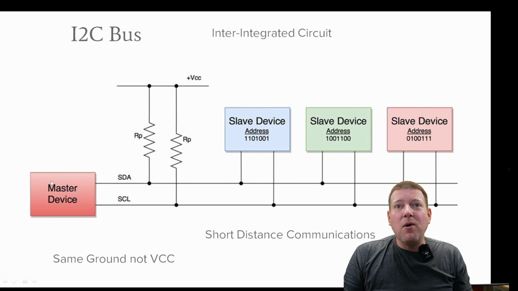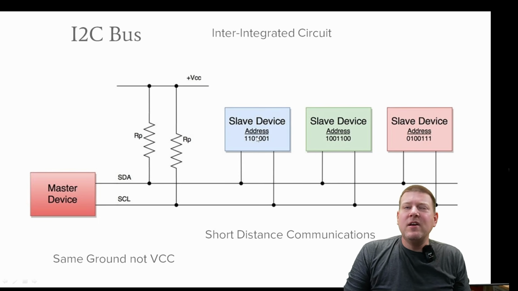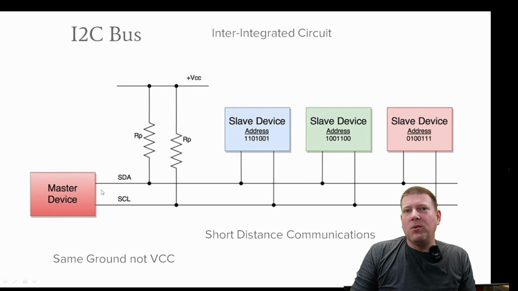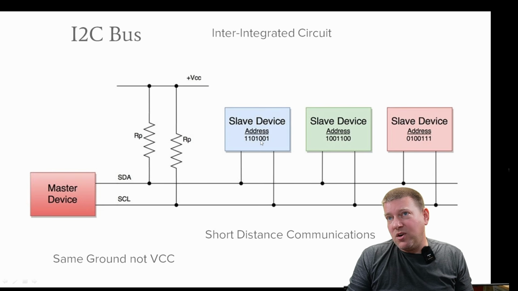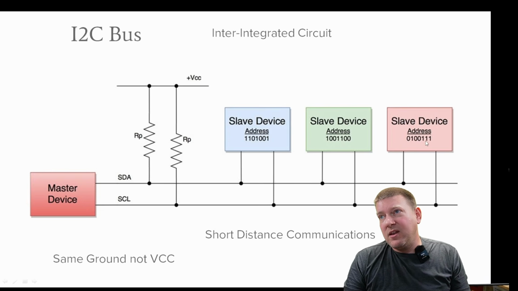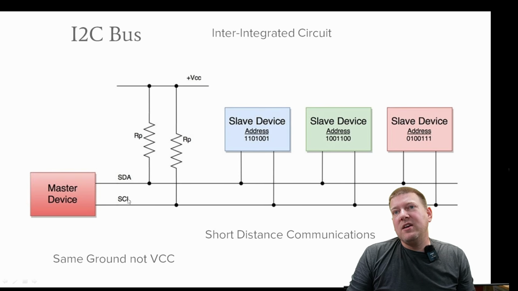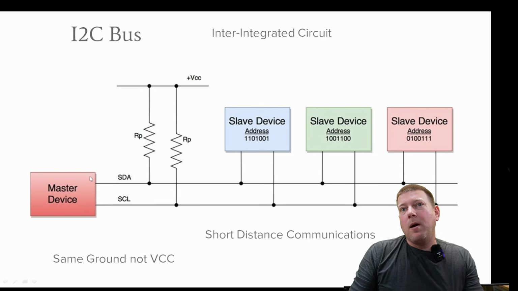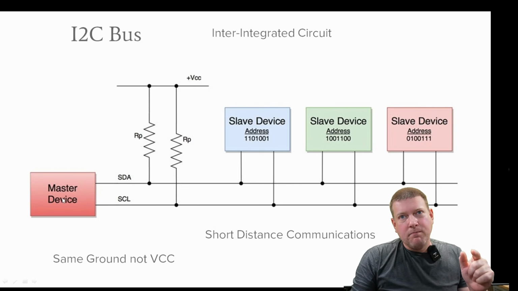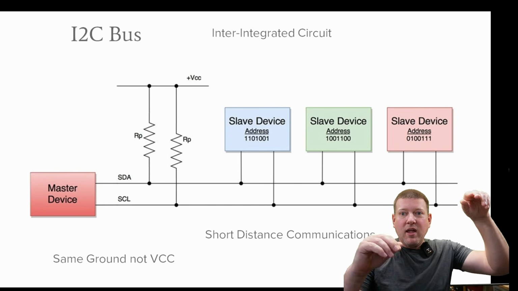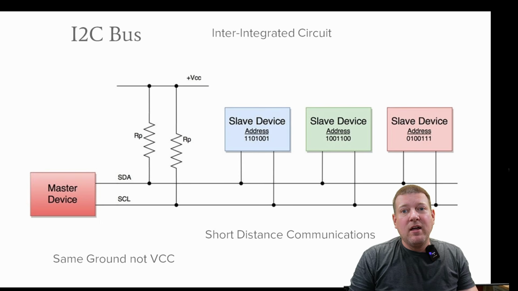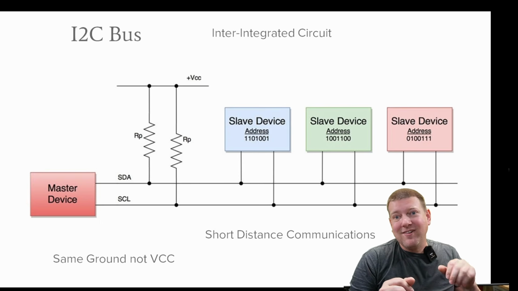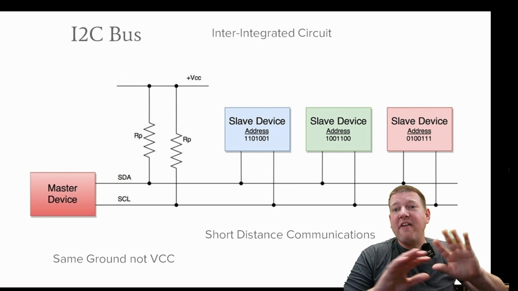So here we go. We got the master, we got these slaves. Notice how each of the slaves has their own address. Now the master also has an address, which is odd that they don't show it on here. But say this one right here, 1101001, and then this one here, and then this one here. So what it does is on the clock, that's when they all share data. The master will pull the clock and the data low at the beginning, and that gives him or her control over the bus, and everybody else shuts up.